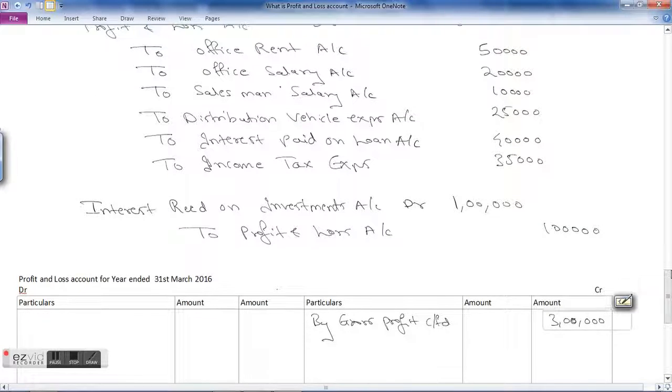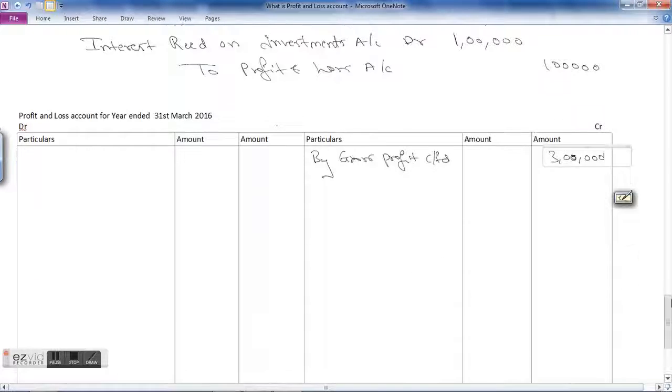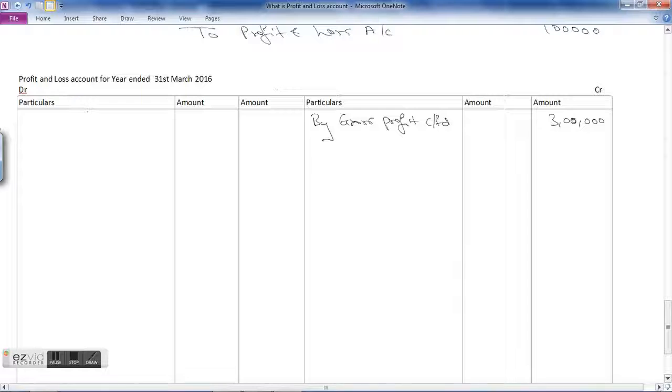Now we'll group these expenses as administration and selling. Office rent and office salary, both are office and administration expenses. So on the debit side of profit and loss account, office and administration expenses. Okay, so what is it?